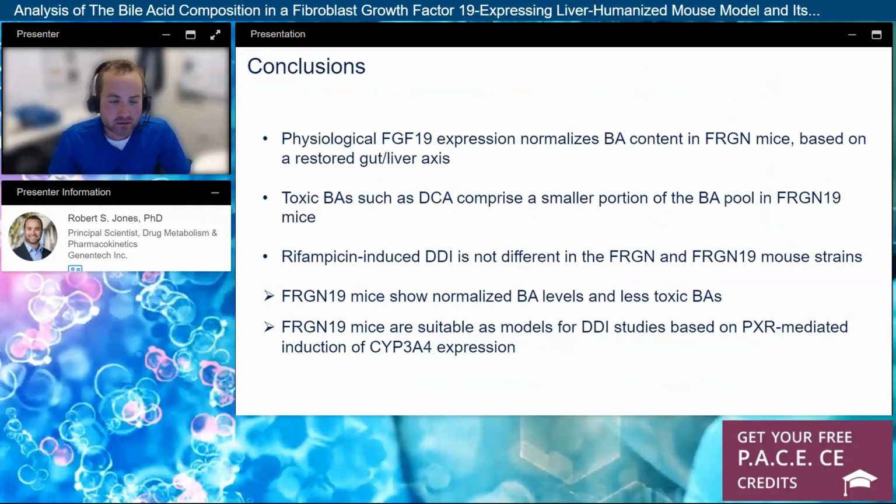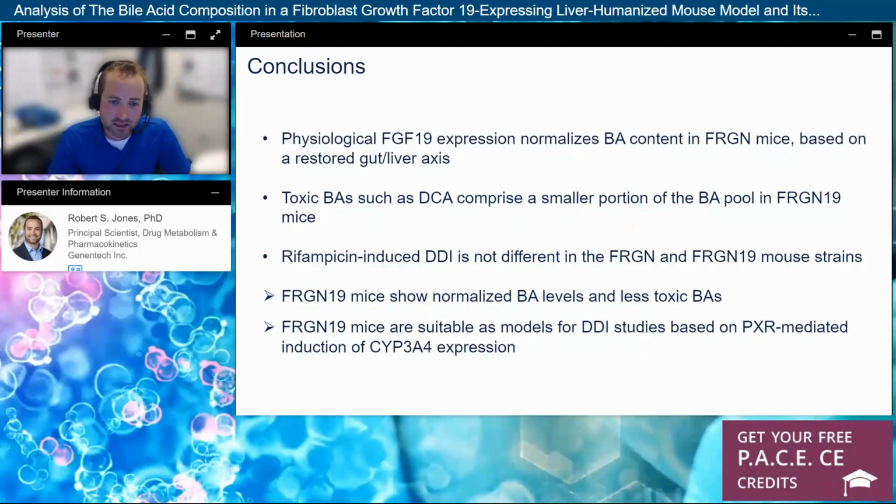And that brings me to the final conclusions of this presentation. The first being that physiological FGF19, so fibroblast growth factor 19 expression, so this is the human-specific FGF19, actually normalized the bile acid content in these FRGN mice. And this was based on a restored gut-liver axis shown by gene expression data, bile acid metabolomic profiling data, as well as downstream pharmacokinetic data.